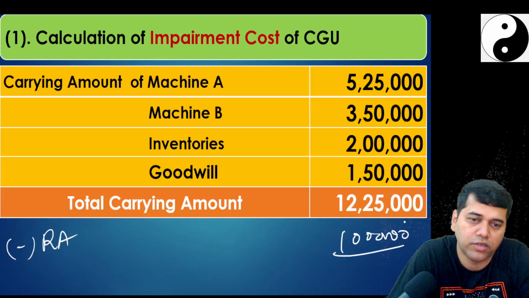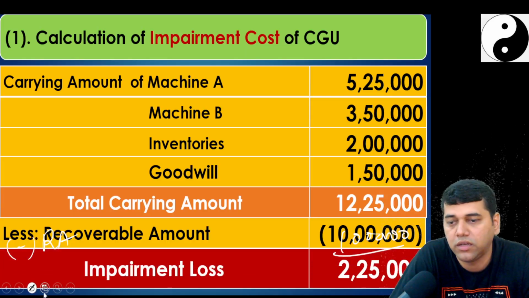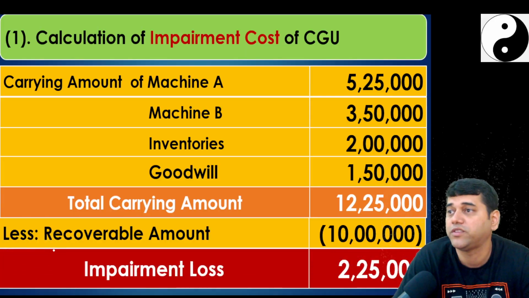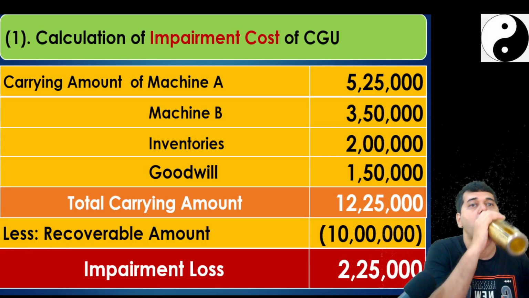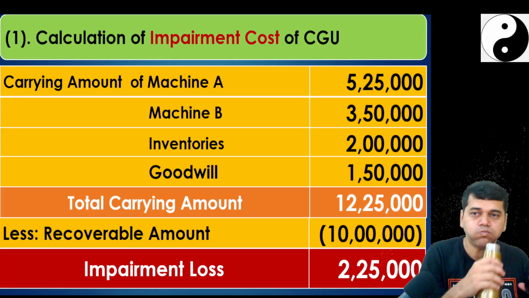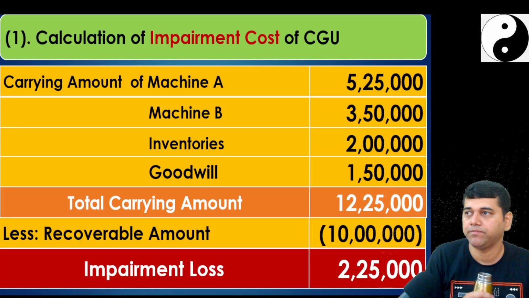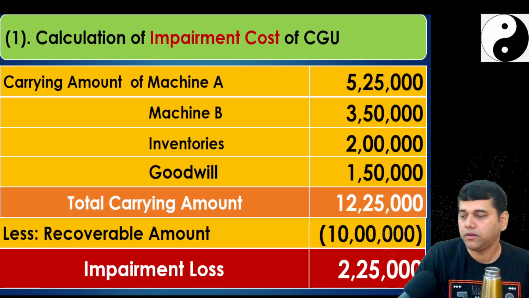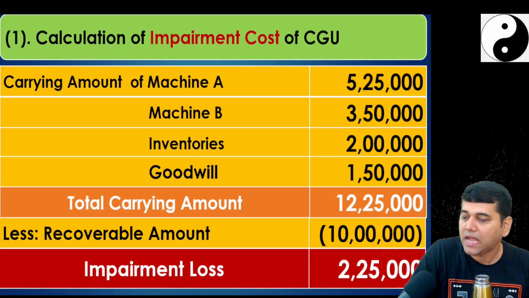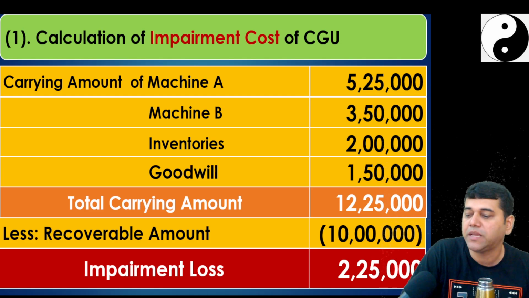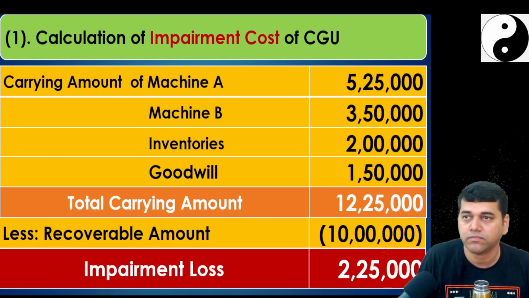Now you calculate the impairment loss of the CGU, which is 2,25,000. What did they ask you in the question? Compute impairment cost and carrying amount after charging impairment loss. That means allocation.